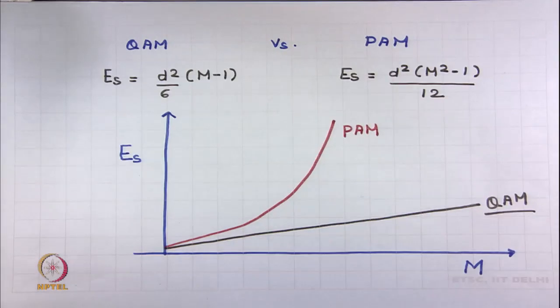So, if you want to minimize the average symbol energy, you should use QAM where it scales only linearly with M, whereas in PAM it increases as the square of M, and this is not good.